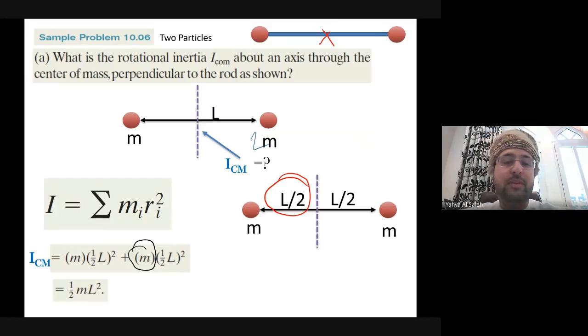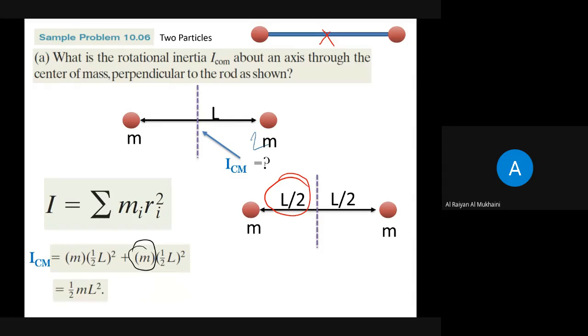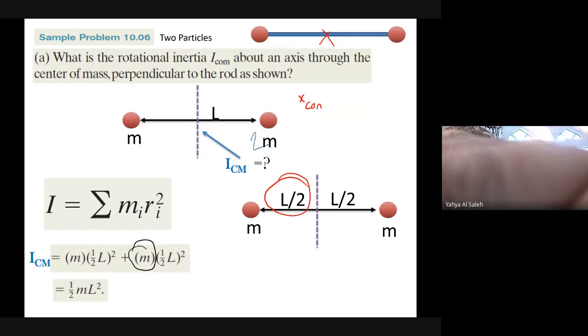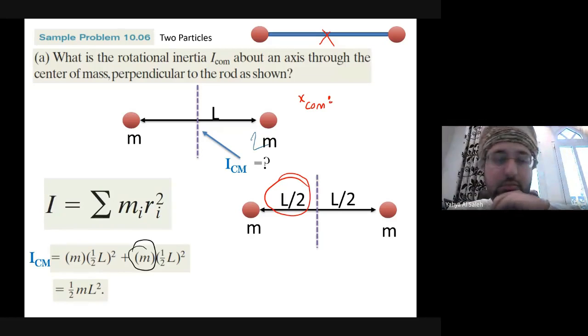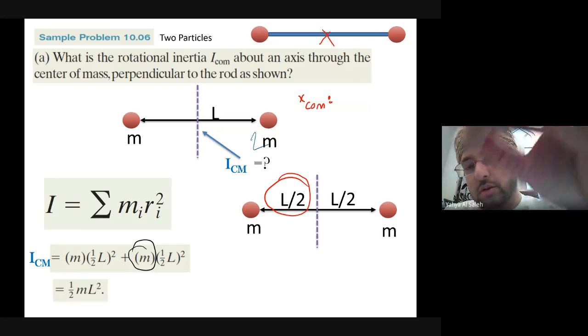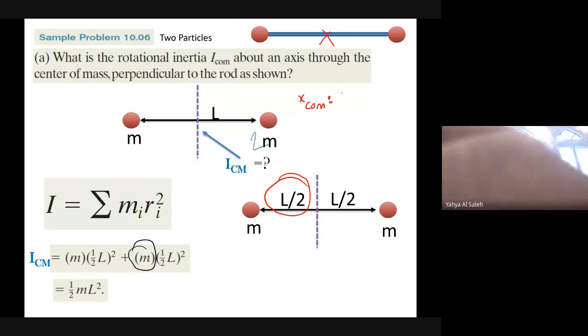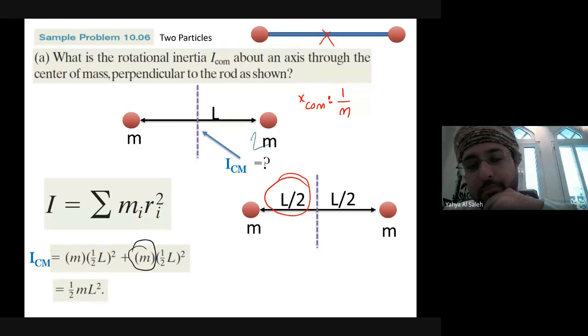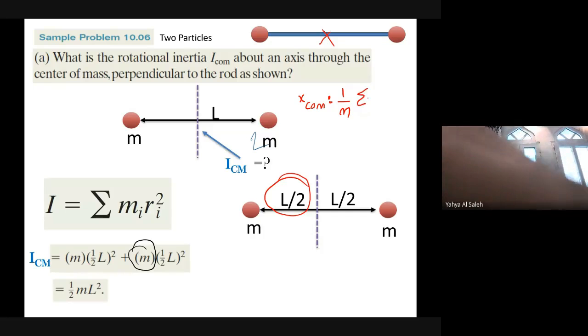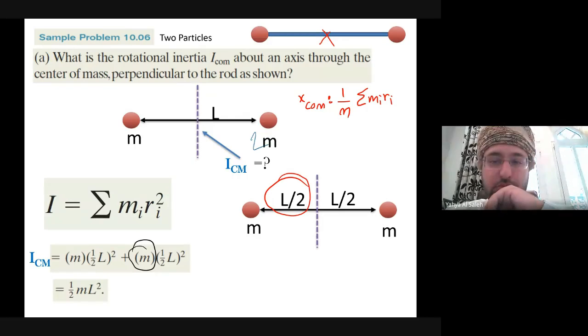You want to find what the center of mass is, or you want to find what the inertia at the center of mass is? First we determine the center, to then determine the inertia. If you want to know what the center of mass is, you go 1 over M, sum of m_i r_i.